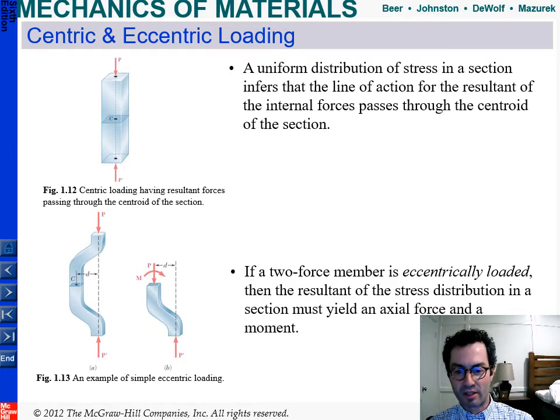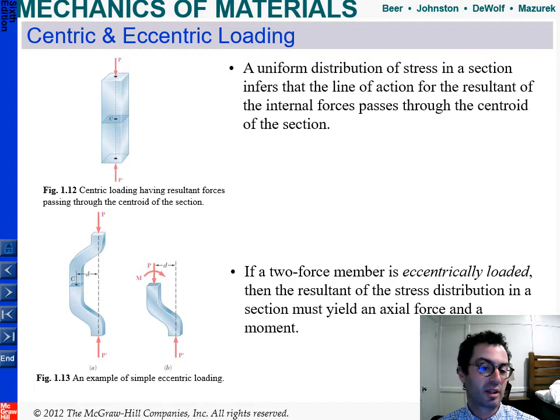That's when we have concentric loading. When we have eccentric loading, that's another story. Like we can see here in figure 1.13, if a force is eccentrically loaded, the stress distribution is not going to be completely uniform, and there's going to be a moment. We talked about the moment of inertia in our previous lecture.